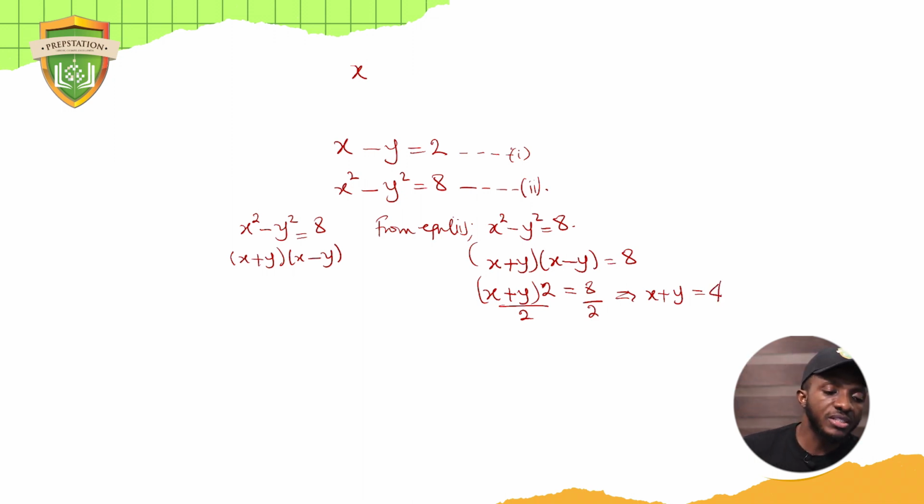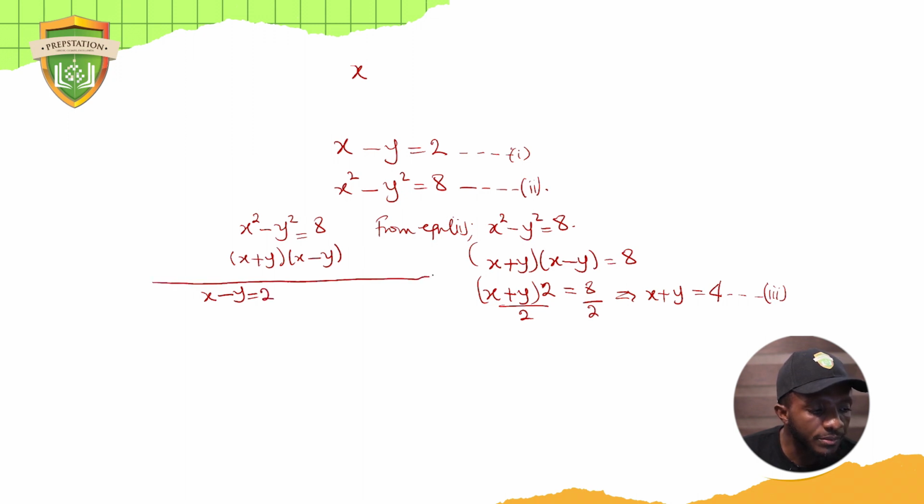Now, we can still do this. I can decide to number this equation 3. It's my choice. Now, equation 1 says x minus y equals 2. So let me partition the board. Are we okay?